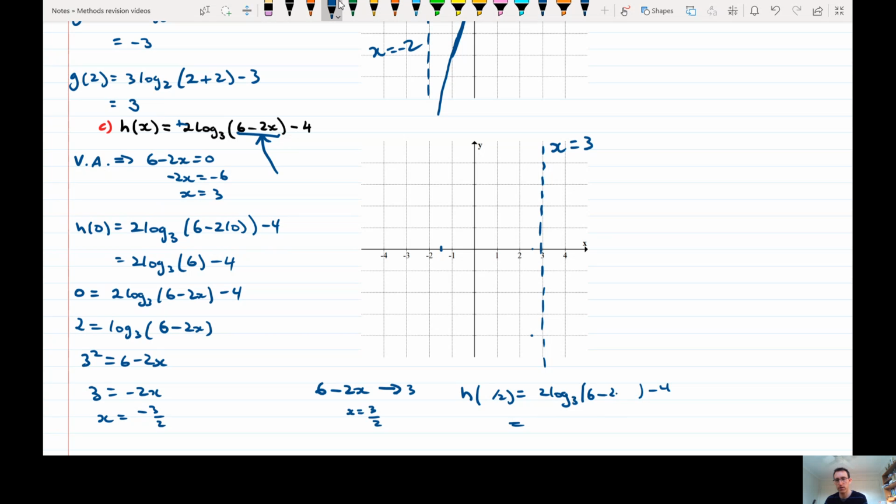So 6 minus 2 times 3 over 2. 2 is cancelled. 6 minus 3 is 3. Log base 3 of 3 is 1. Times it by 2 is 2. You get -2. So 3 goes in there. So 1.5 there ends you at -2 about there.